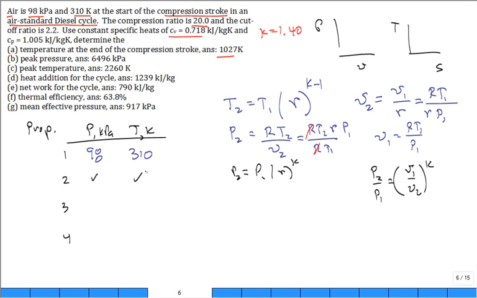All right. Which one of these, how about P3? How do I get P3? It's equal to P2. It's the same. So P3 is equal to P2. It's constant pressure. How about T3? Would I use an equation like this or like this to get T3?